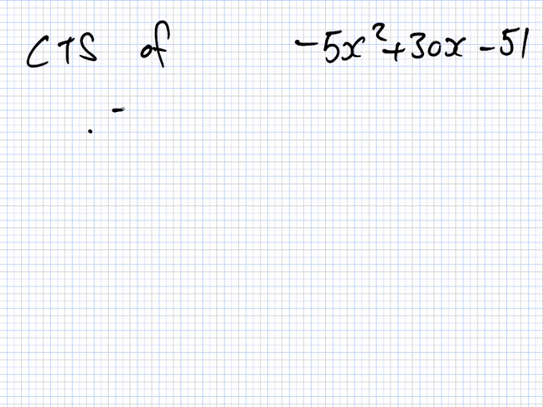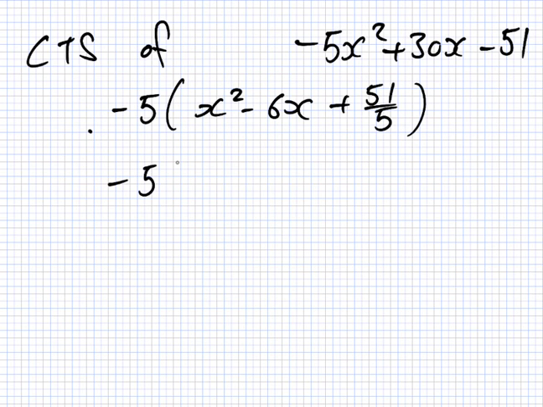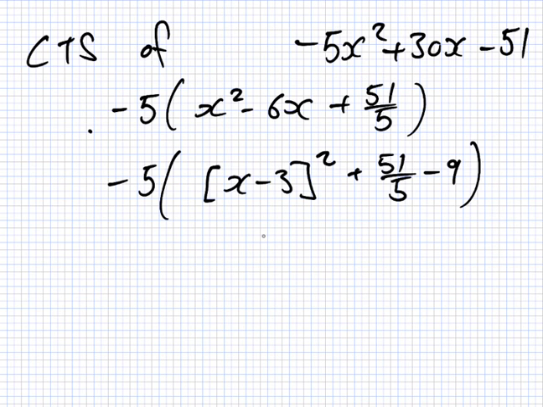Okay, so let's have a look at this. This will be minus 5 x squared minus 6x plus 51 over 5. This will be minus 5 bracket x minus 3 squared plus 51 over 5 minus 9. Now I can do this.